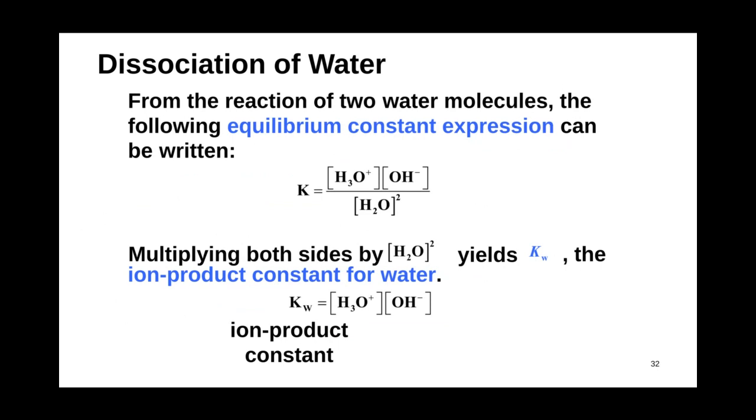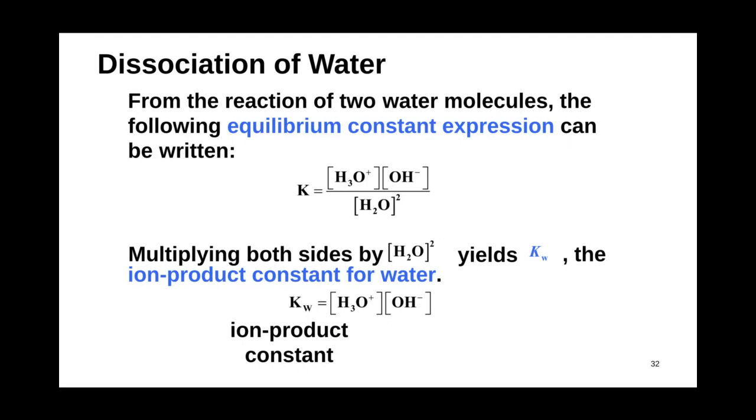Now, from the reaction of two water molecules, we can write the following equilibrium expression. K equals the concentration of the hydronium times the concentration of hydroxide divided by the concentration of water times the concentration of water, or H2O squared.